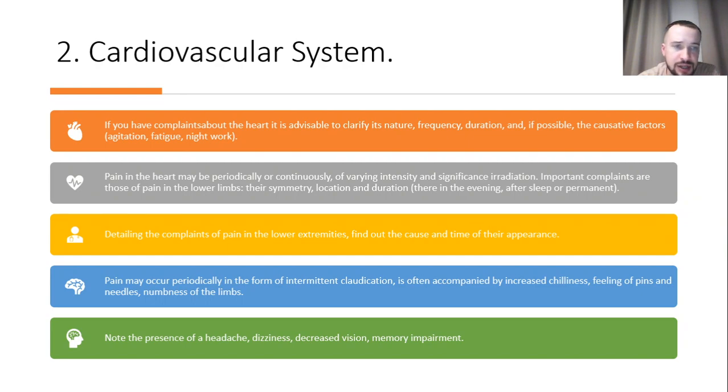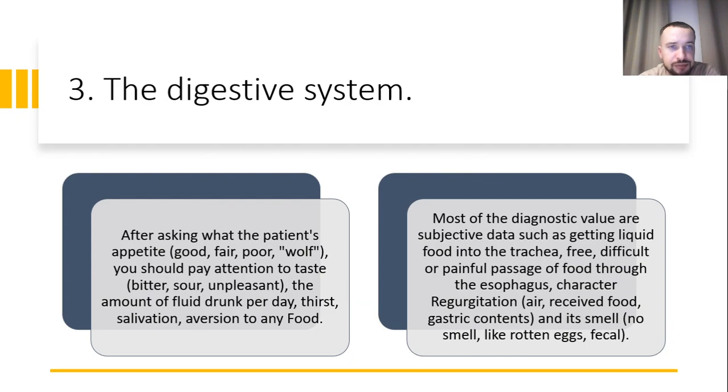Important complaints are those of pain in the lower limbs, detailing the complaints of pain in the lower extremities. Pain may occur periodically in the form of intermittent claudication, is often accompanied by increased chillness, feeling of pins and needles, numbness of the limbs. Note the presence of a headache, dizziness, decreased vision, memory impairment.